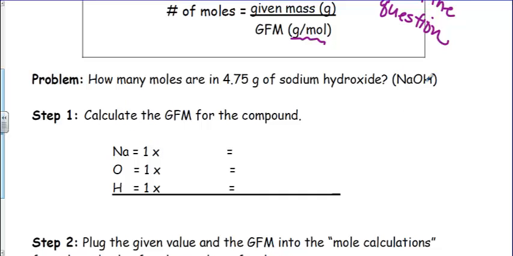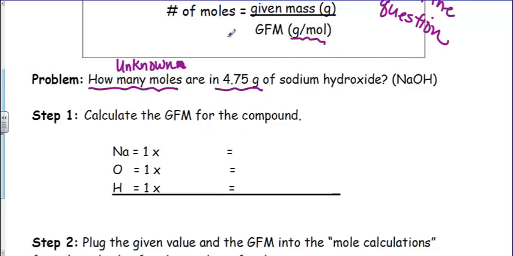In parentheses they gave us the formula, but in some cases they might just give us the name, and we have to use our knowledge of naming rules to figure out the formula for ourselves. So in this one, it's going to be fairly simple. The question is how many moles. So this is the unknown here, and that's what we're solving for. Unknown with 2 N's, right? And then they give us the mass.